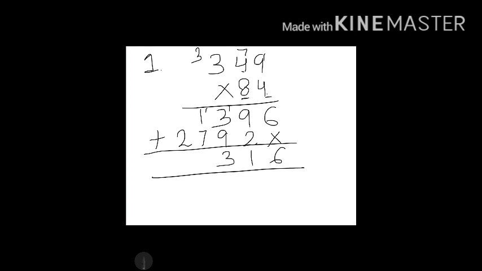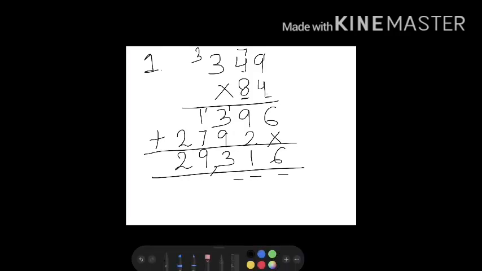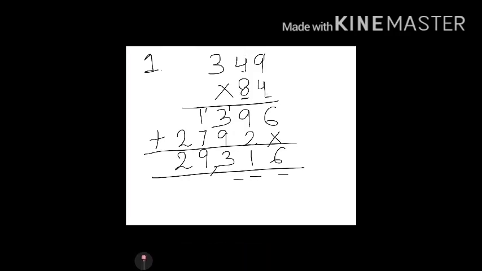So 3 I will write here and 1 will be the carryover. 7 plus 1 is 8 and 1 carryover, it is 9. And then here it is 2, nothing to be added here. Then according to the Indian system, you can put comma starting from the right side here and count 3, 1, 2, 3, and then you can put a comma. Then you can read the answer. The answer is 29,316 like this.